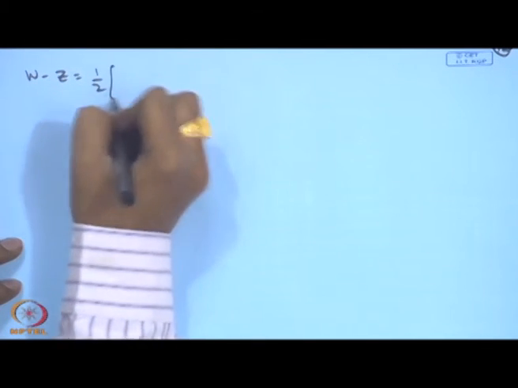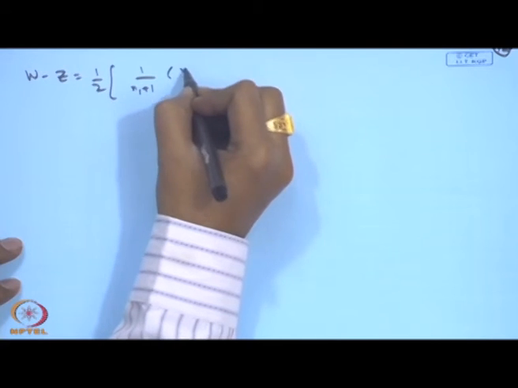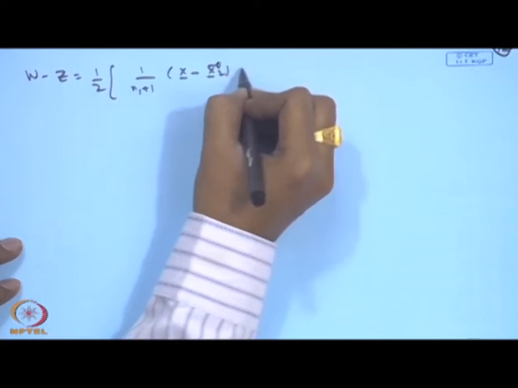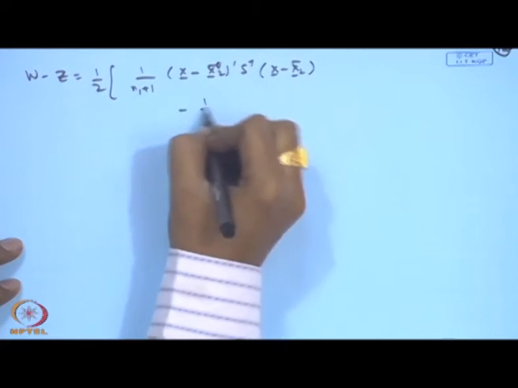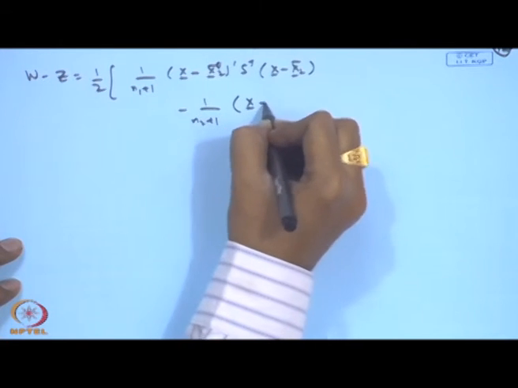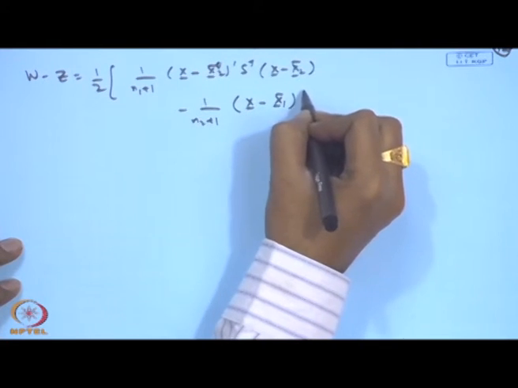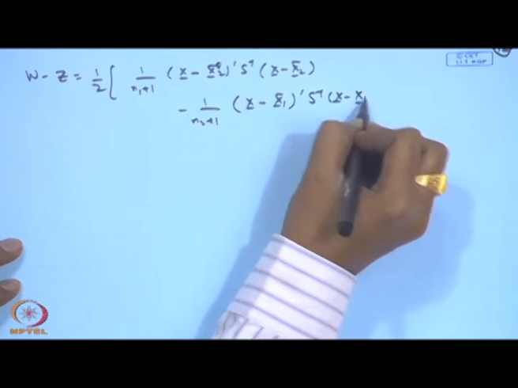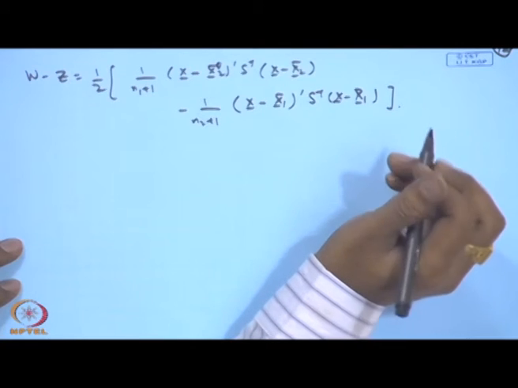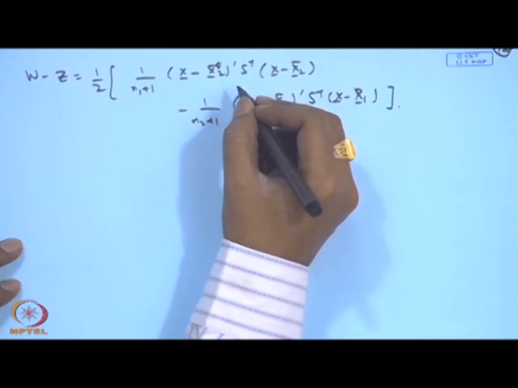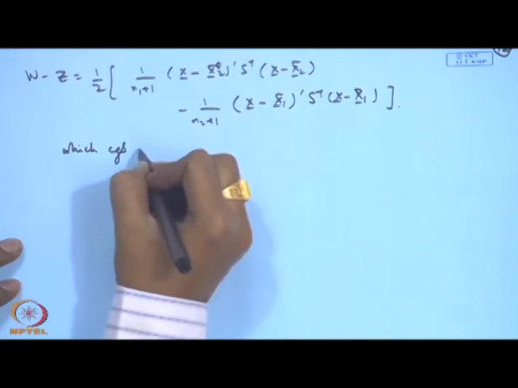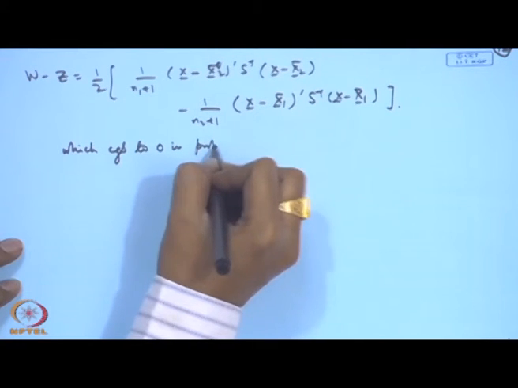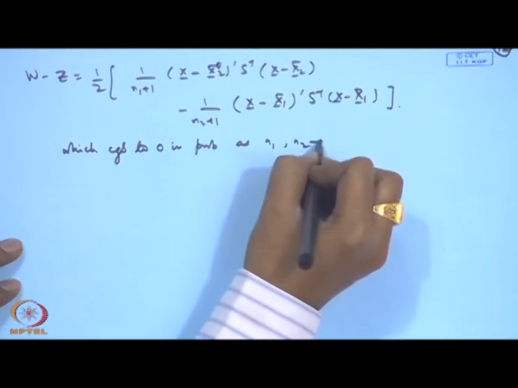If you consider W minus Z, then that is simply half of [1 by (n1 plus 1)] (x minus x2 bar) prime S inverse (x minus x2 bar) minus [1 by (n2 plus 1)] (x minus x1 bar) prime S inverse (x minus x1 bar). And this basically converges to 0 in probability as n1, n2 tend to infinity.